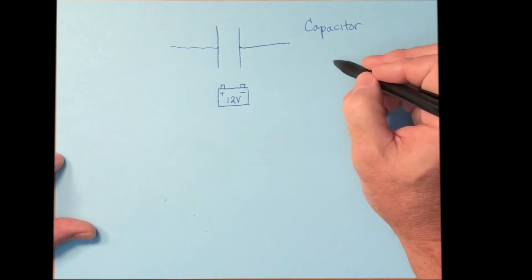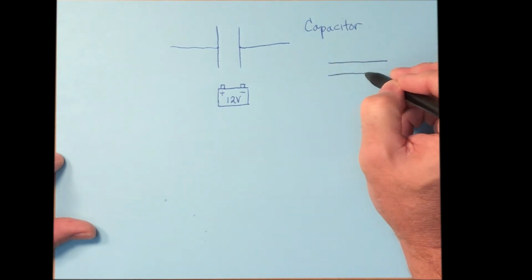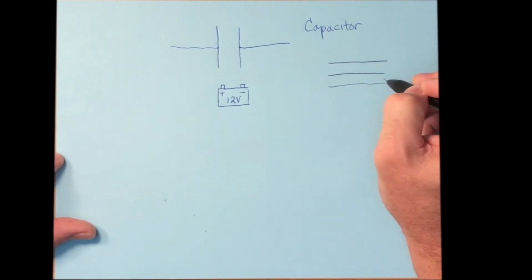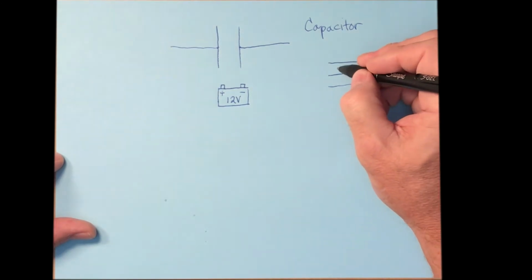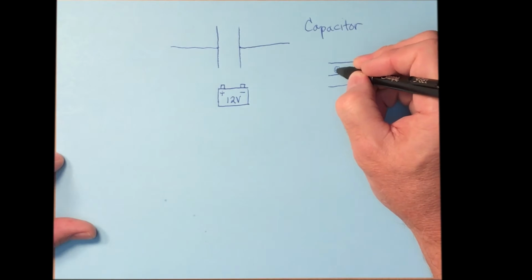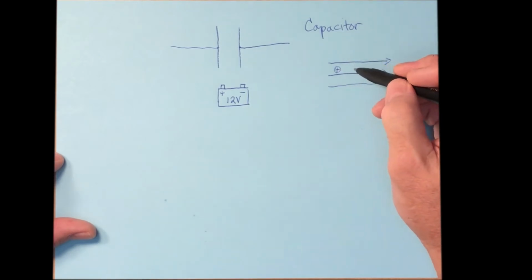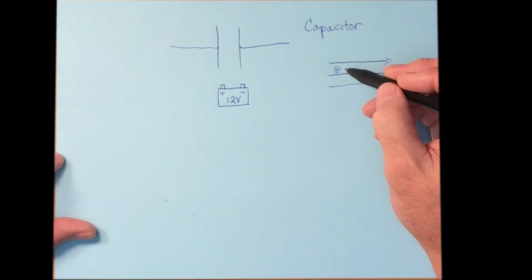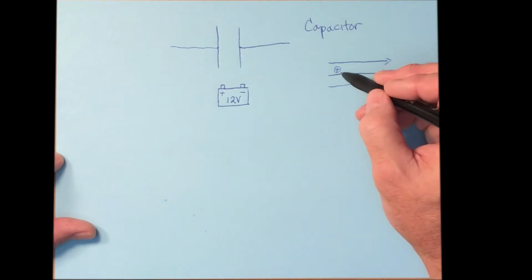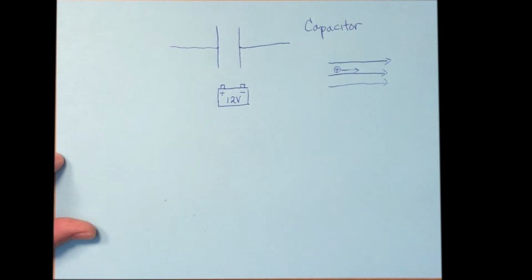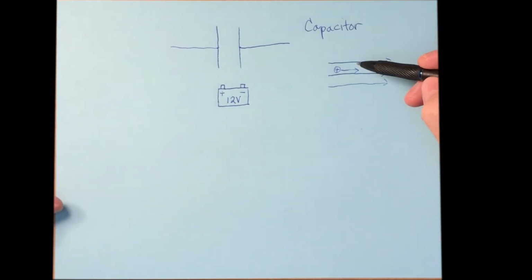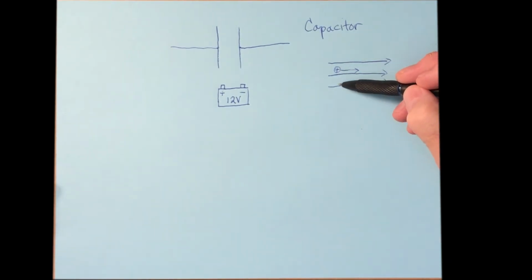Now, you know that if you have an electric field, and we'll draw this constant and uniform electric field here, and then if you take a positive charge and place it in the electric field, that positive charge, if it's free to move, is not going to sit there. It's going to move in the direction of the electric field. So the way that we say that is that a positive charge moves from the high potential area to the low potential area.